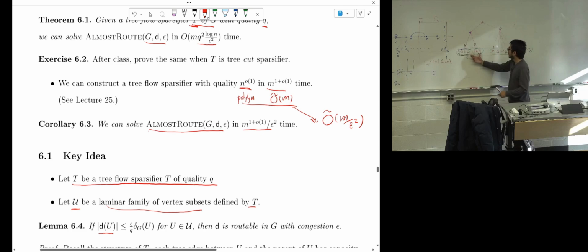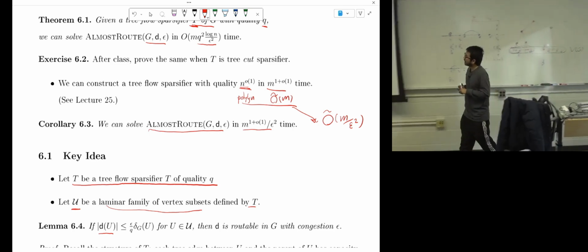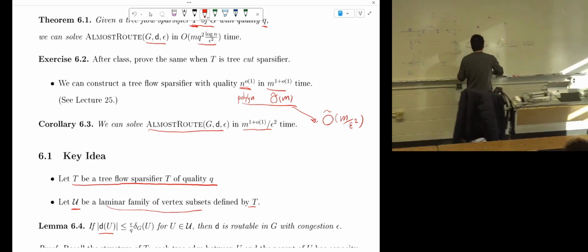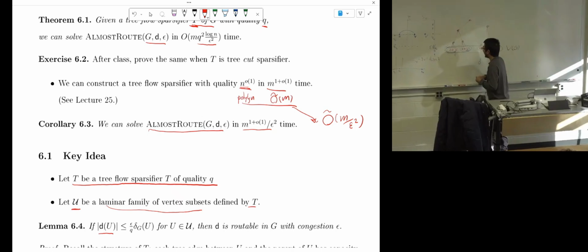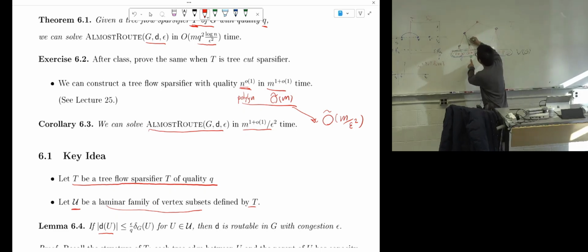Then if I want to route this demand on this tree, I will have some congestion on this tree. And recall one thing, I think I asked all of you in this exam: the capacity of this edge, if this is a set U, is just the cut size of U, right?